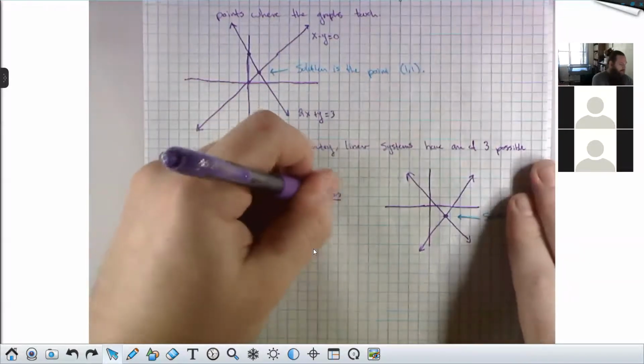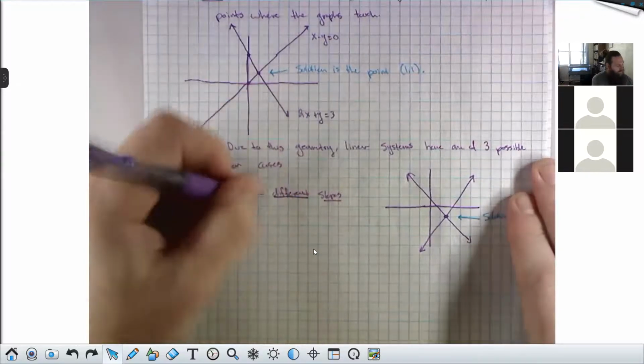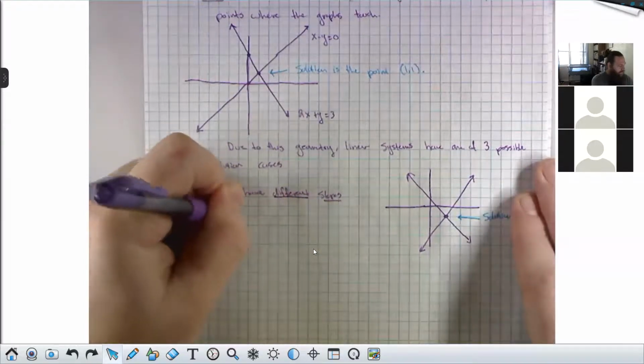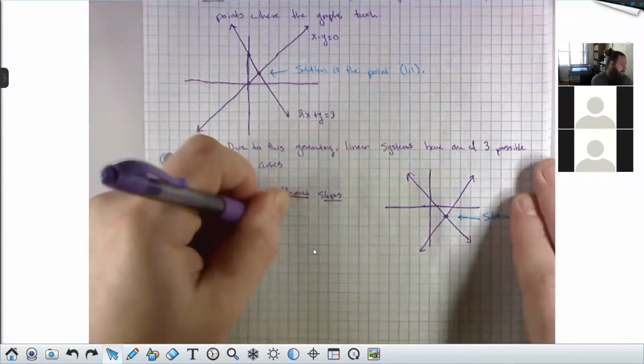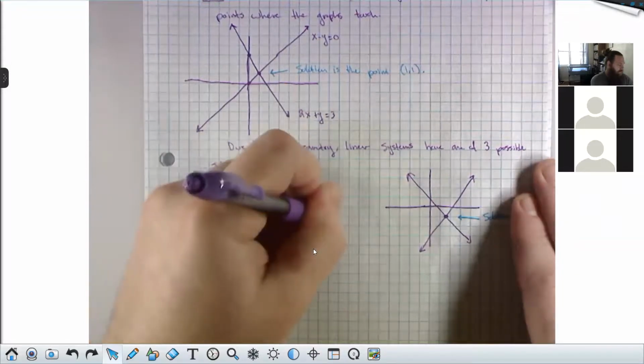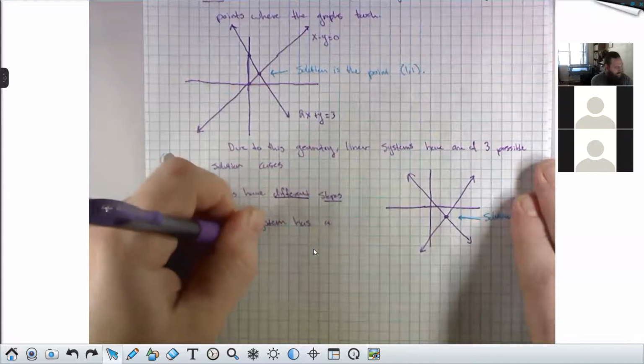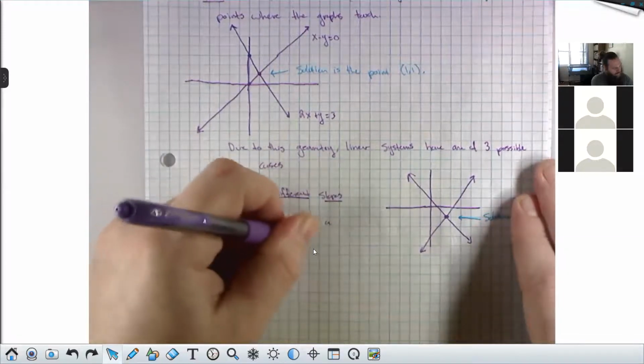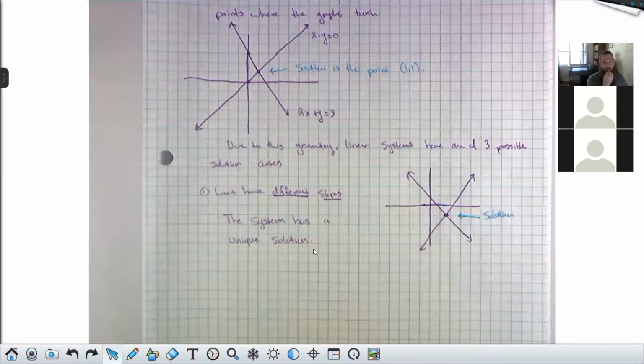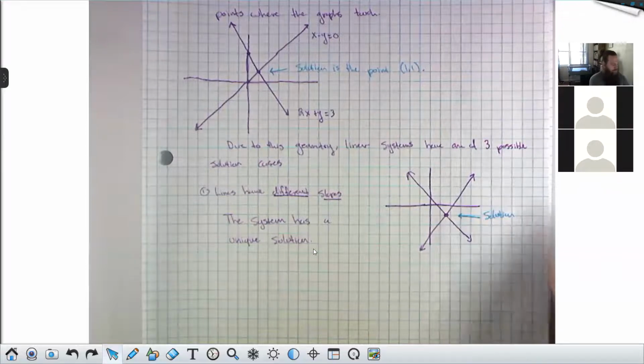So if the two lines have different slopes, then the system has a unique solution. Because two lines with different slopes always meet in one point. You might have to zoom out or scoot around to find that point on the graph. But if two lines have different slopes, no matter what those slopes are, then those will meet in a single point.